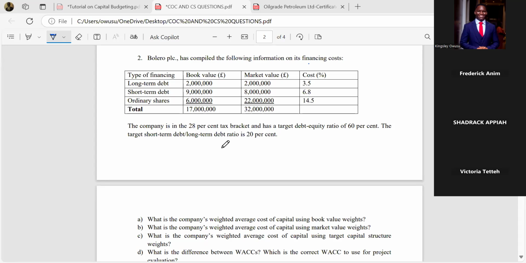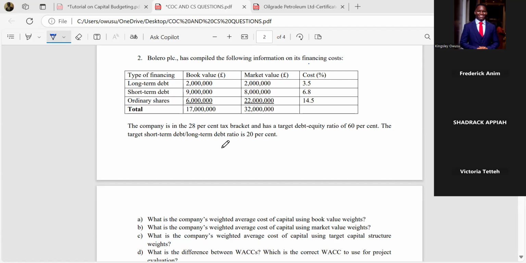Now, if you remember when we're talking about weighted average cost of capital, we said that the weight of every source of capital represents the percentage of the source of capital in our total capital. And this weight can be determined either from book values.